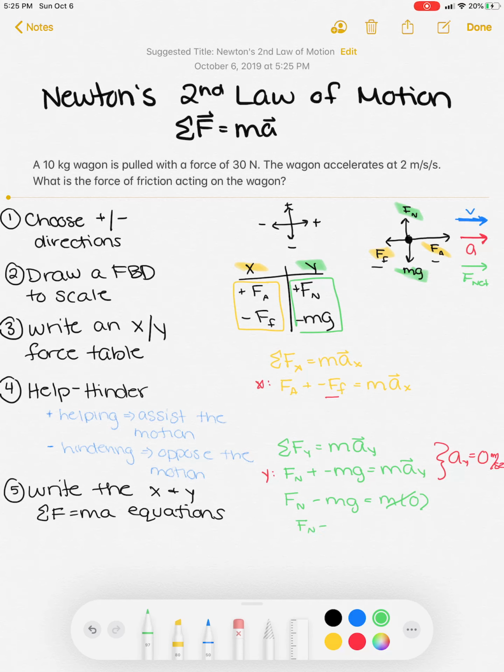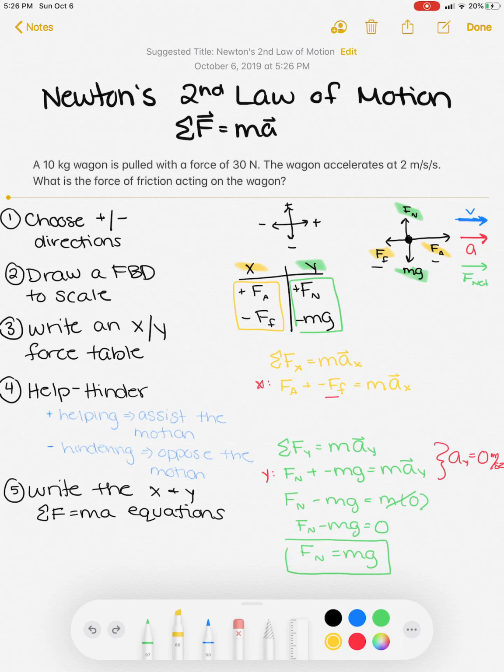So I get Fn minus mg equals 0. If I add mg over to the other side, I see that Fn equals mg. So that's a mathematical representation of what we already knew. We knew, and we even proved, that these two were going to be equal to one another in magnitude based on the free body diagram that we drew. And again, that also was fitting with this equation.